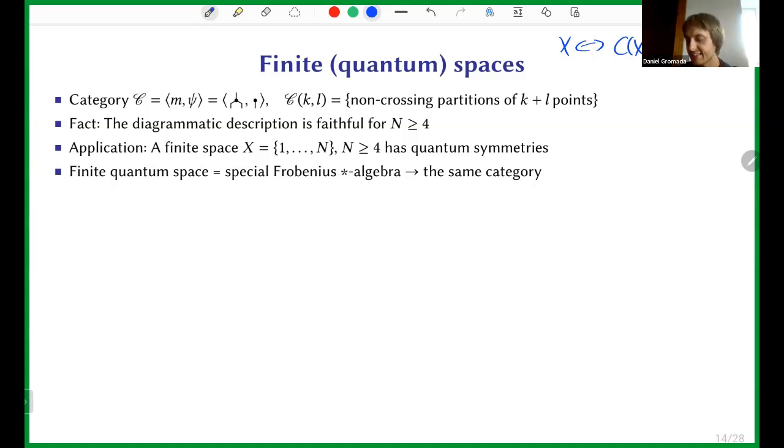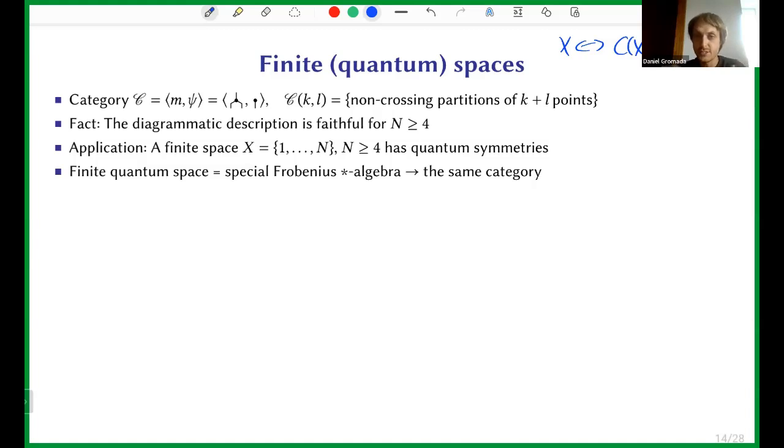And you need some additional axiom to be satisfied, which makes it a special Frobenius algebra. It's not that important what that axiom is. The important thing is that if all this is satisfied, then this construction using those diagrams works exactly the same way as with the commutative case.